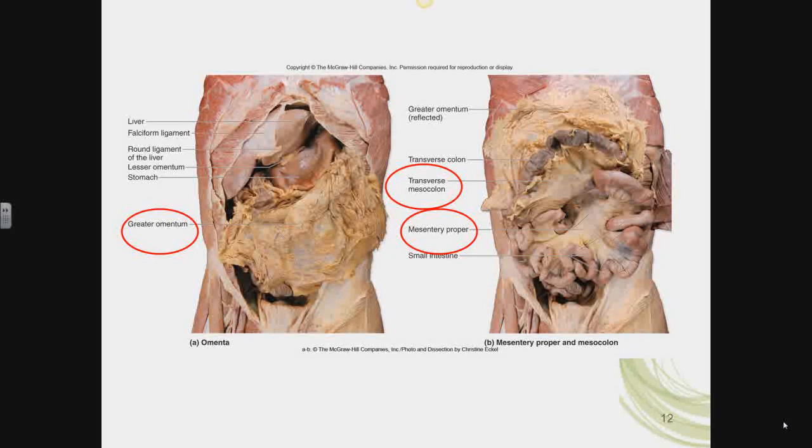I'm fairly certain you saw that on your cats when we were doing the vessel dissection. And then also shown here, you can see a section of the transverse colon, part of the large intestine. You could see that it's anchored posteriorly to the posterior body wall by the transverse mesocolon. Not shown in these pictures is the sigmoid mesocolon.